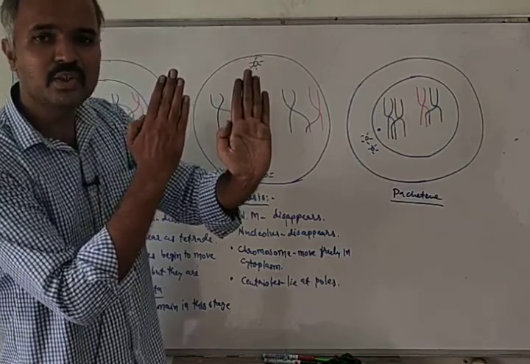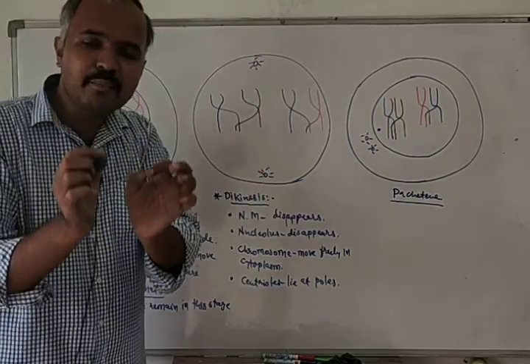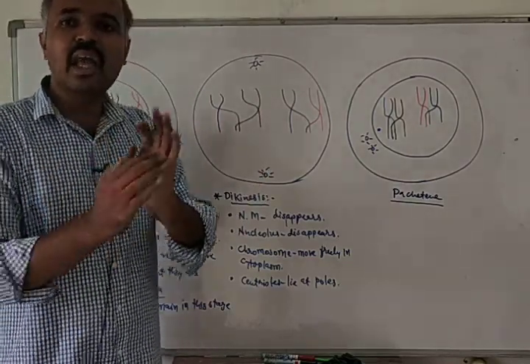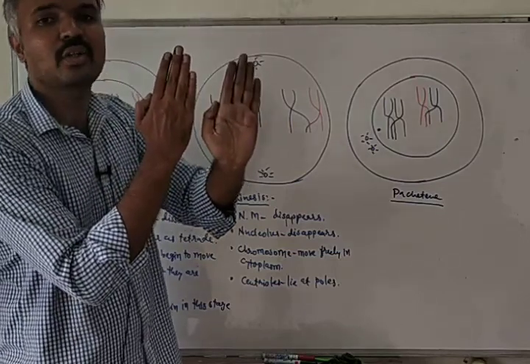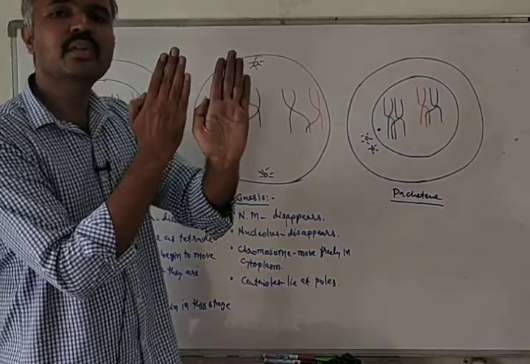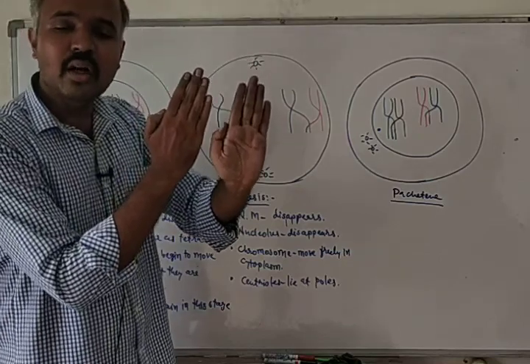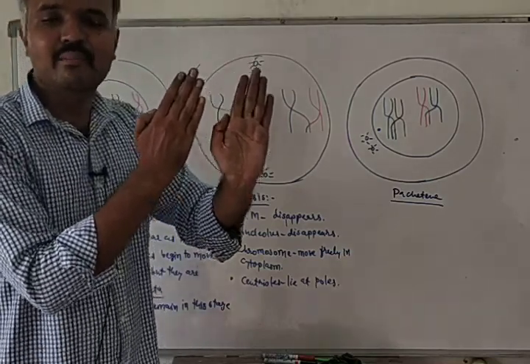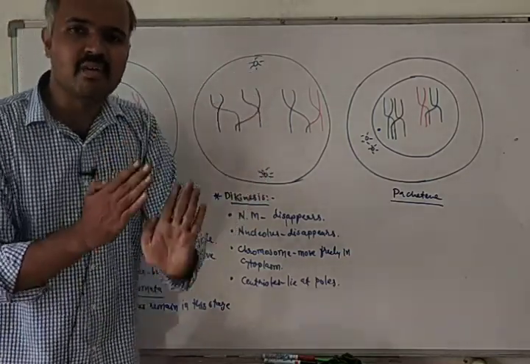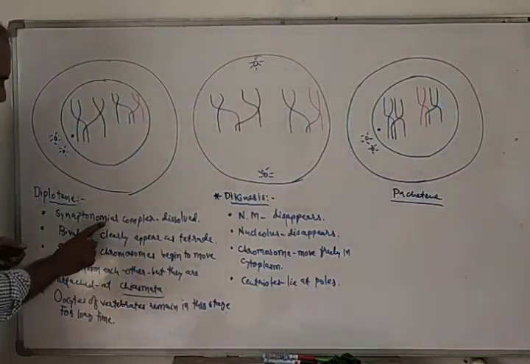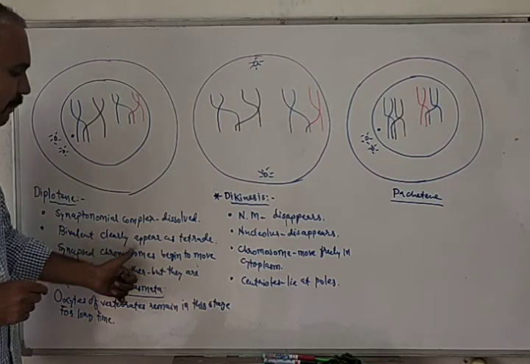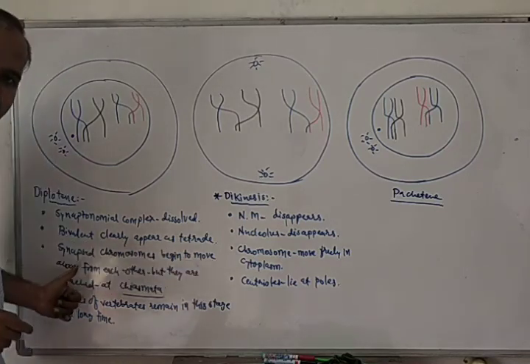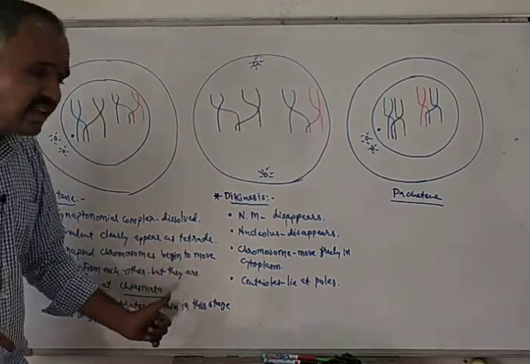So what happens during the diplotene stage? The synaptonemal complex will get dissolved, and the second chromosome which was lying behind will come adjacent to the first chromosome, and due to this the tetrads are clearly visible. The bivalent now clearly appears as a tetrad.